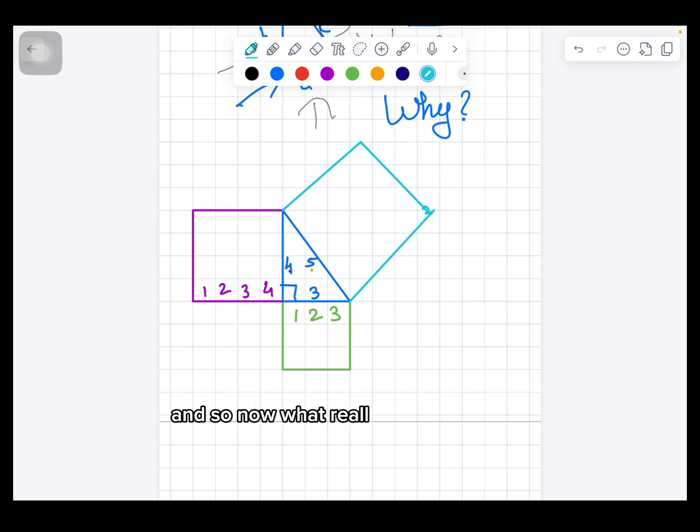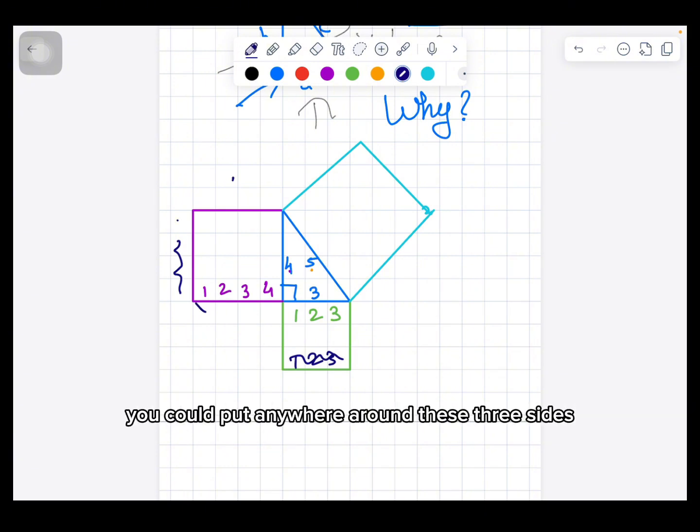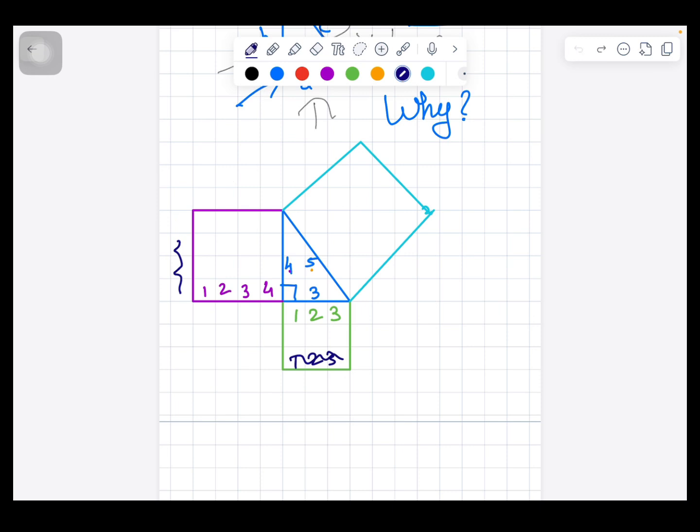Now what really happens here is if you take these boxes of the 3 by 3 square, so these 3 boxes, and place them right here. It's not necessary to place them here, you could put them anywhere around these three sides, but for now we'll just say those go here.